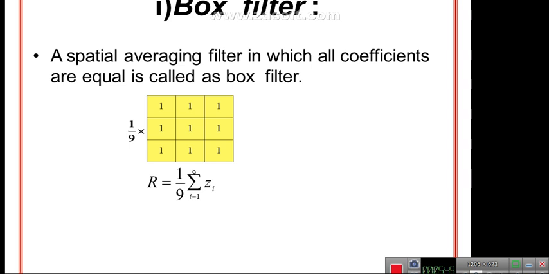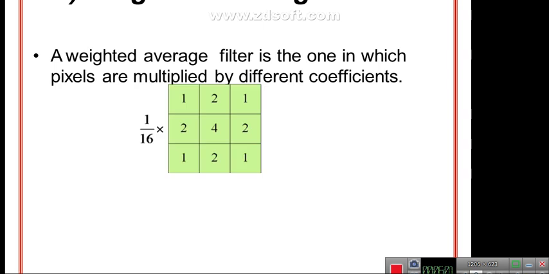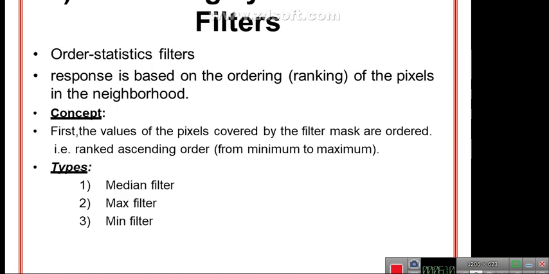Here all the coefficients are equal, 3 cross 3, so totally 9 pixels. So 1/9 times a 3 cross 3 matrix of all 1s. And the weighted average filter mask is 1 2 1, 2 4 2 and 1 2 1.